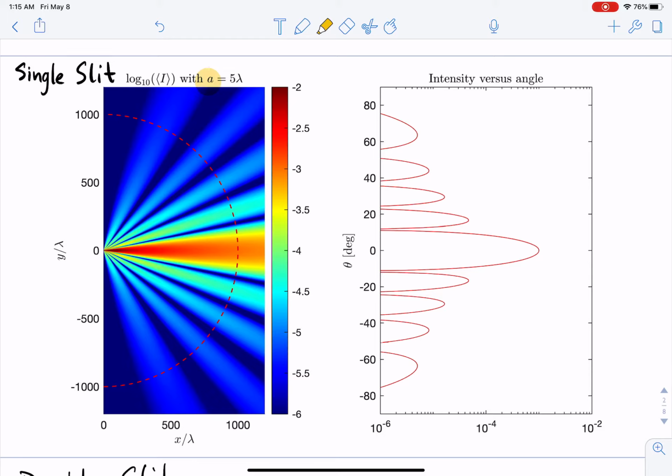In this case, I've done the case where that length of point sources is 5 times the wavelength. Then we looked at far away from that slit, as we call it, and we looked at the amplitude of the waves, or the intensity, the square of the amplitude of the waves, and we saw that they ended up having these simple patterns.